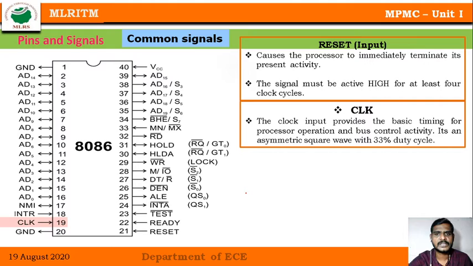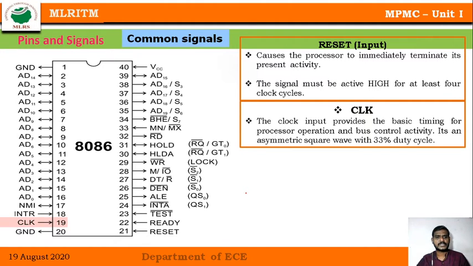Then the clock signal. As we said in the previous classes, the 8086 can work under three different clock frequencies: the 8086 works under 5 megahertz, the 8086-1 works under 10 megahertz, and the 8086-2 works under 8 megahertz.